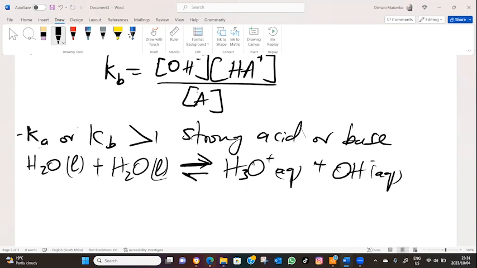Now, the Kw, or the ionization constant of water, we only have the products that are in aqueous solution, so we'll have the following. Note that the equation above is balanced, guys.